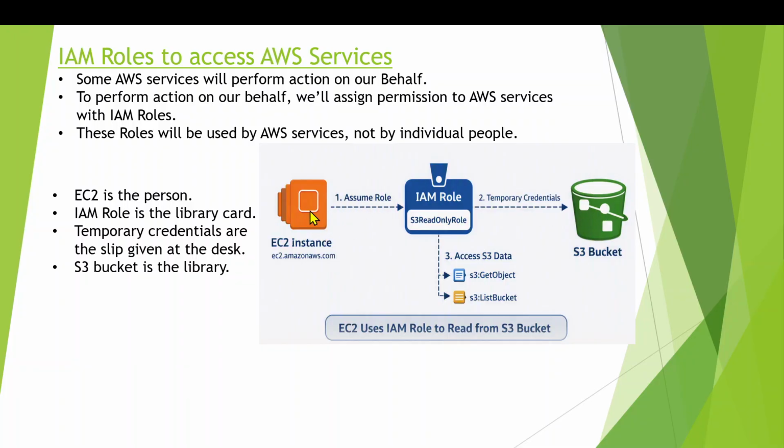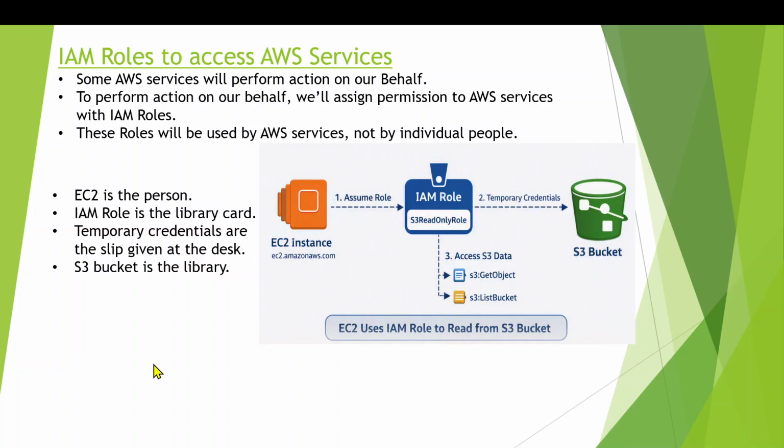So this person wants to access the library on the right. For that, the person requires the card permission. So this person on the left side will use this permission to access the library. That is a simple example.